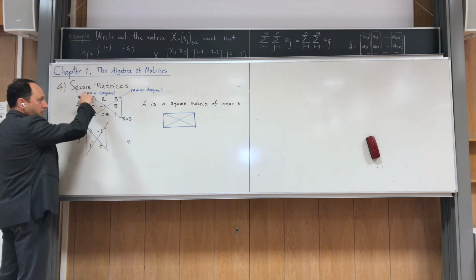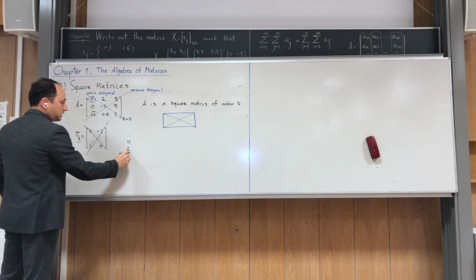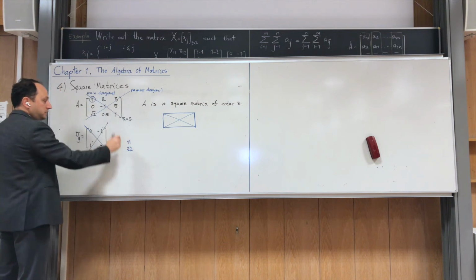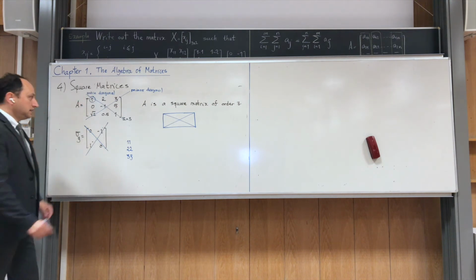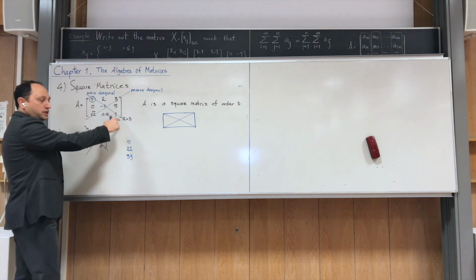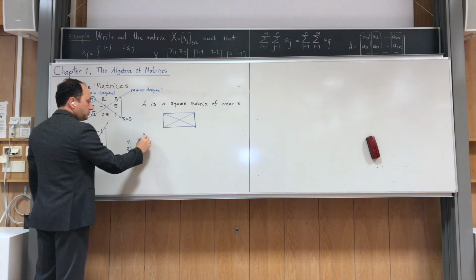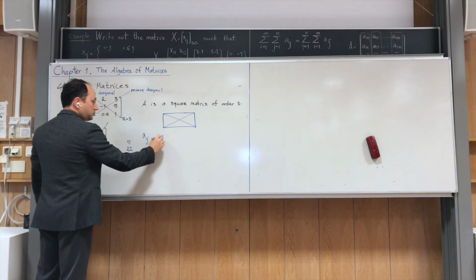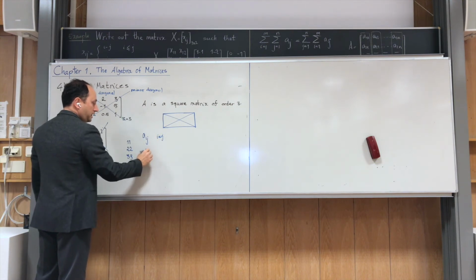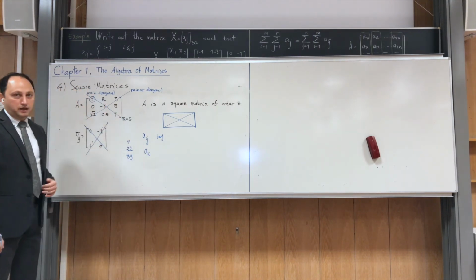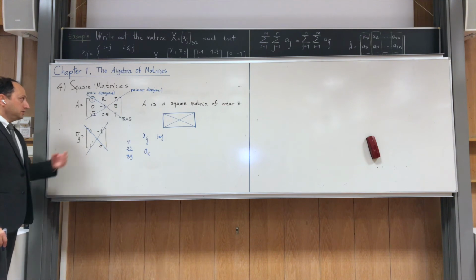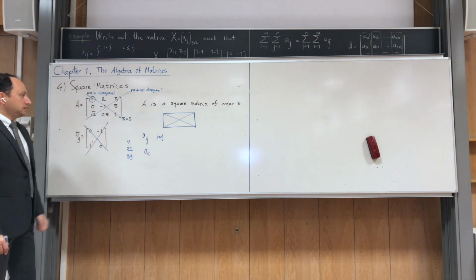This entry on the main diagonal is sitting on the second row, second column, and this one is sitting on the third row, third column. So in general, the entries here you can write as a sub ij and say that i is equal to j, or you can simply write a sub ii. Yes, i goes from 1 to 3, for example, here. So this is the property of the elements on the main diagonal.